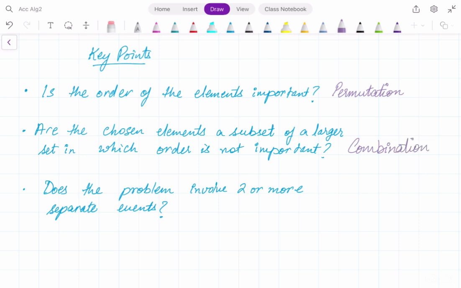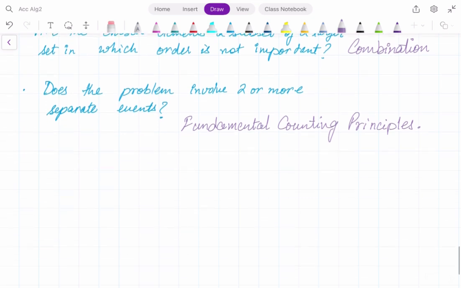And lastly, does the problem involve 2 or more separate events? That means separate independent events. That is the case of the fundamental counting principle. So this is my simple way of making you understand the fundamental counting principle and counting principles in general. I hope it made sense, and I will see you in the next video.